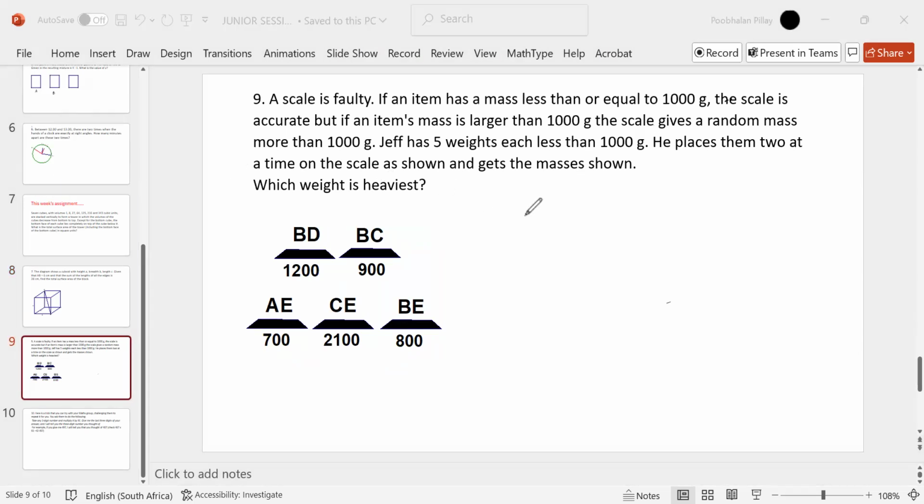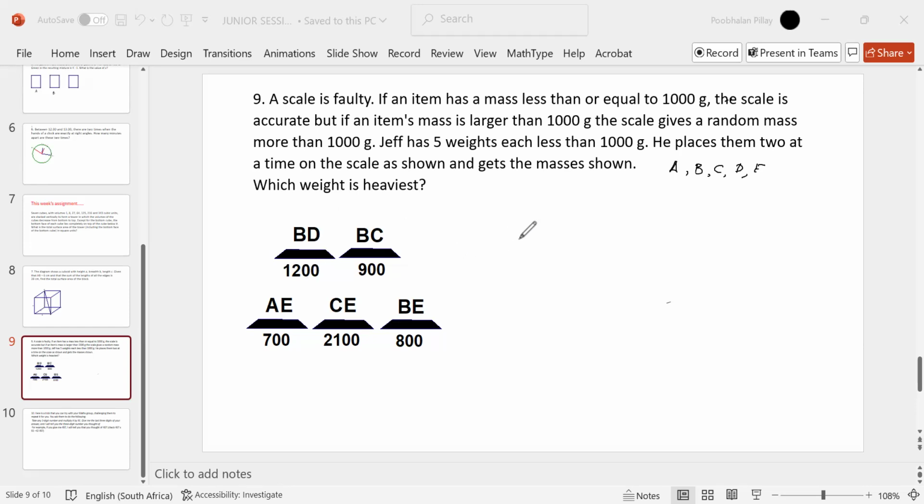Okay, so that's fine. So let's have a look at this. So what Jeff does is he puts two masses. The masses are given names A, B, C, D, and E. I need to put two. He puts B and D on this, and he gets 1,200.